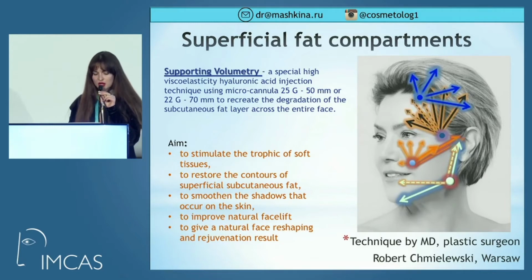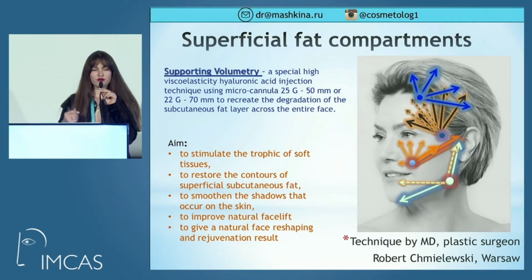Our aims are to stimulate the trophics of soft tissues, to restore the contours of superficial fat, and smoothen the shadows that occur on the skin. And we get a natural face reshaping and rejuvenation result. And if we want to prevent aging, we can use native hyaluronic acid, no cross-link. And when we treat aging, we can use viscoelastic cross-linked hyaluronic acid in this technique.